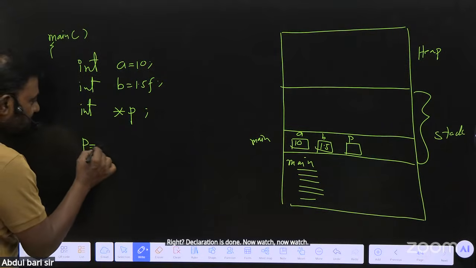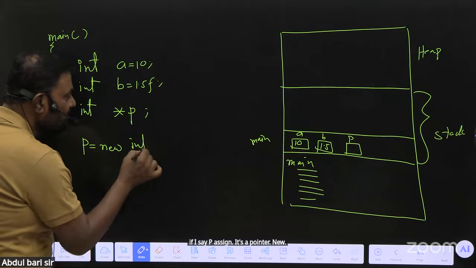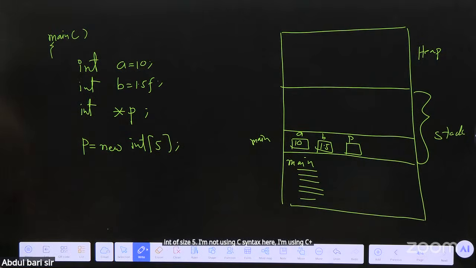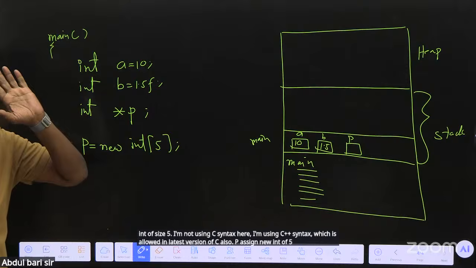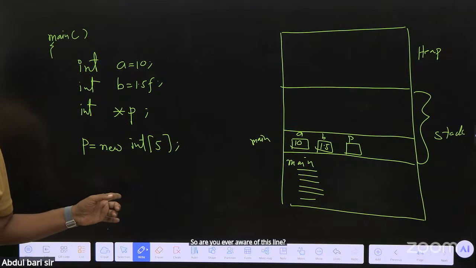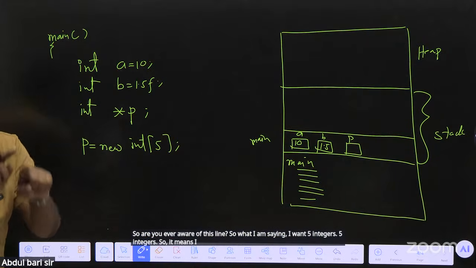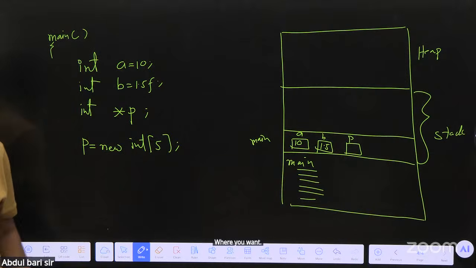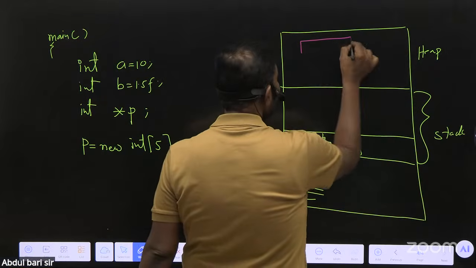If I say p assign, it's a pointer, new int of size 5. I'm not using C syntax here; I'm using C++ syntax, which is allowed in the latest version of C also. So what I am saying is, I want 5 integers, which means an array of size 5. Where? New.